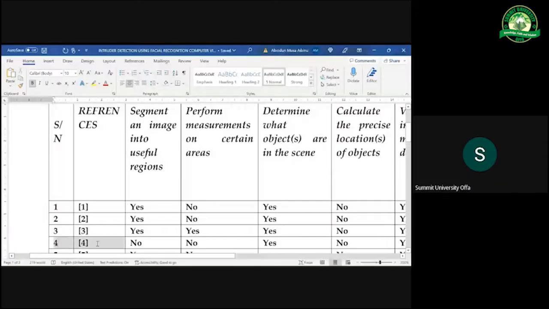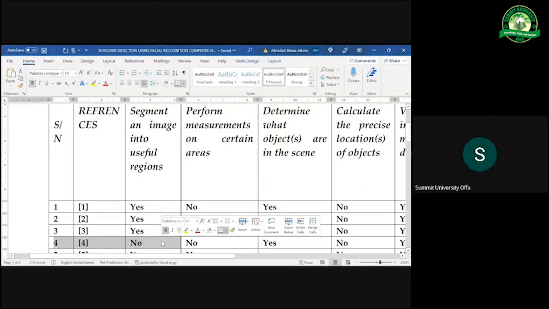So let's now look at paper number 4 here. Paper number 4, that was this paper number 4. Okay, sir, I'm with you, sir. Okay, this paper number 4, and the reviewer said the author did not use any segmentation technique.